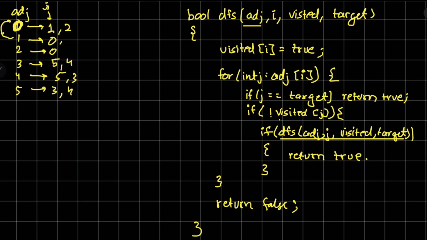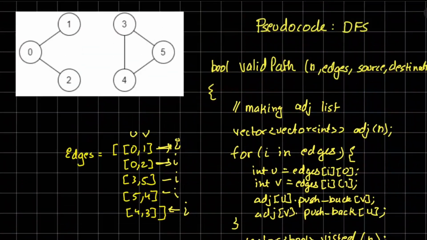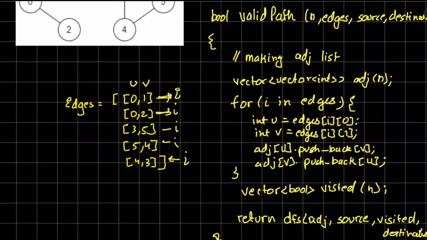It will return false from here, and then the 1 returns false here. Then j will move here, and then it will be called for 2.